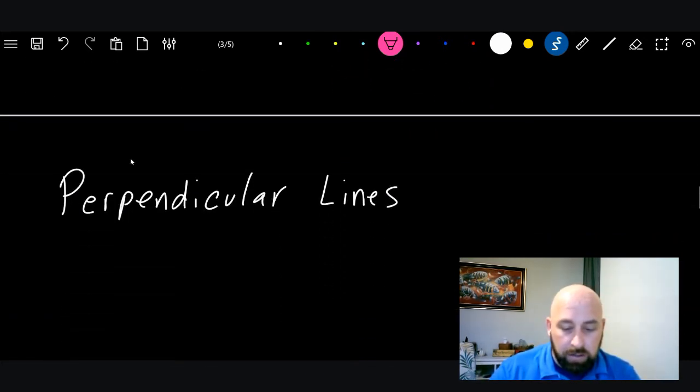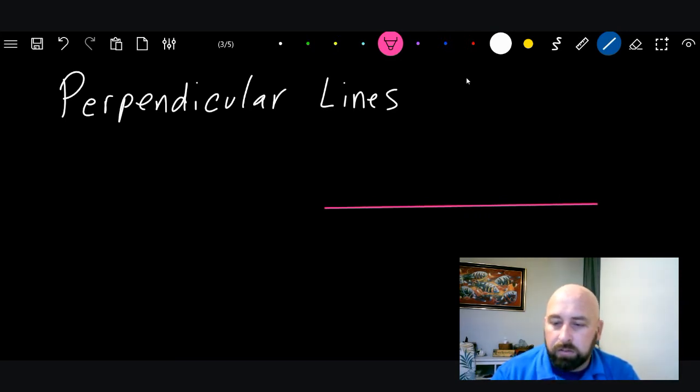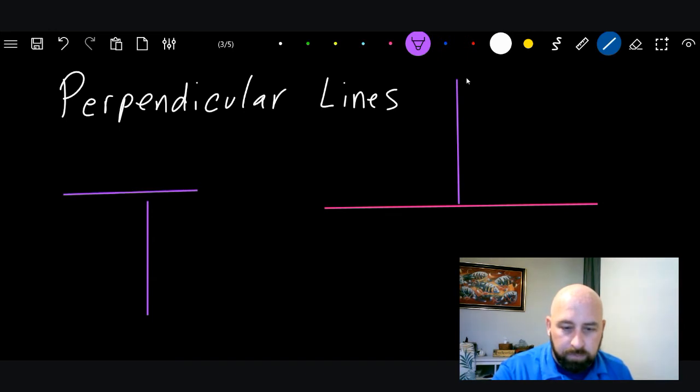All right, perpendicular lines is next. Now you might say, that's not an angle. It is an angle. Okay, so watch what happens. If I have a line going here, and I have a line going here, if they form a T, an upside down T or a regular T, they could also go this way. There we go.